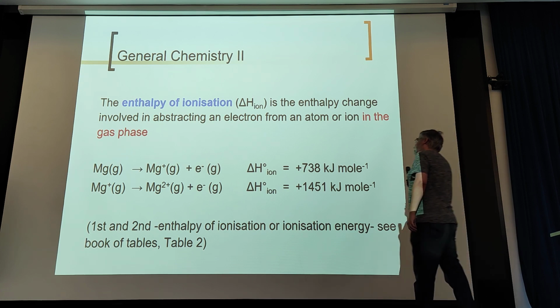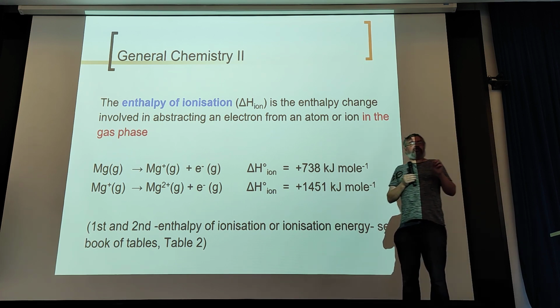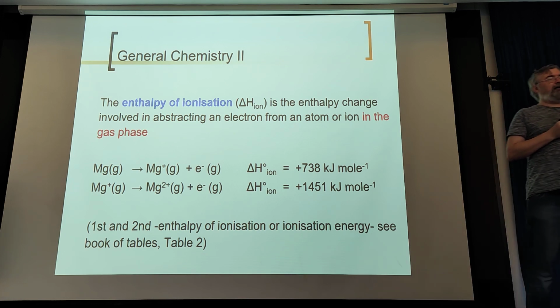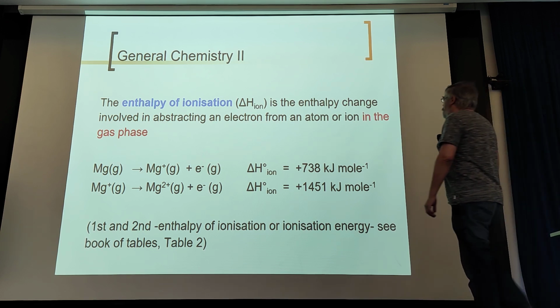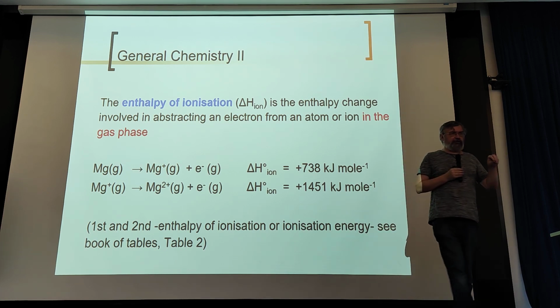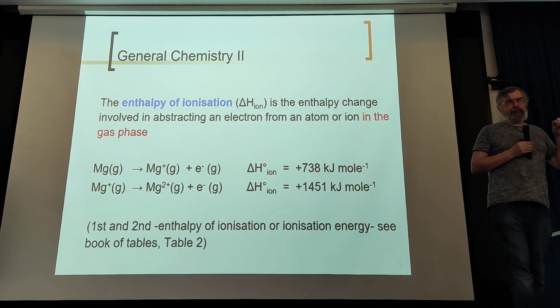Now, the previous examples, melting, subliming, and boiling, are all physical processes. What about chemical processes? So here we have ionization, meaning we remove electrons from atoms.